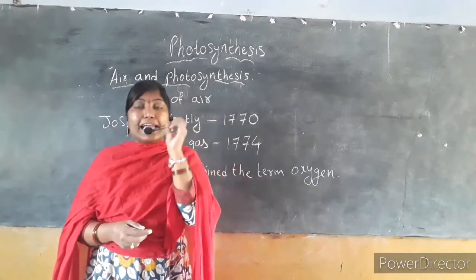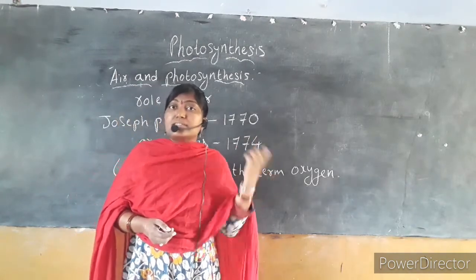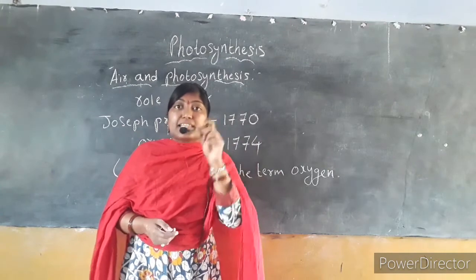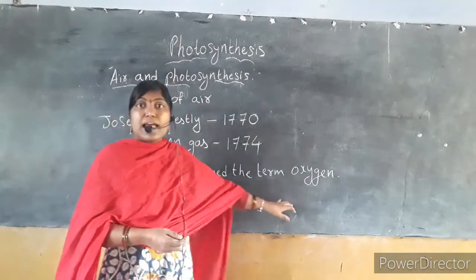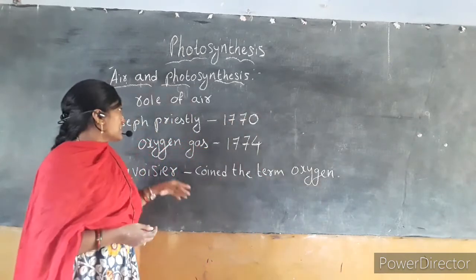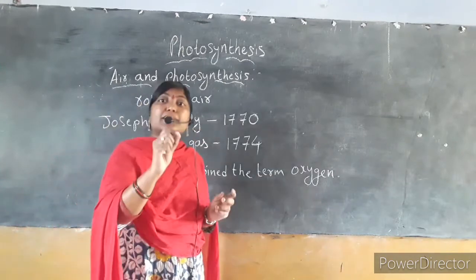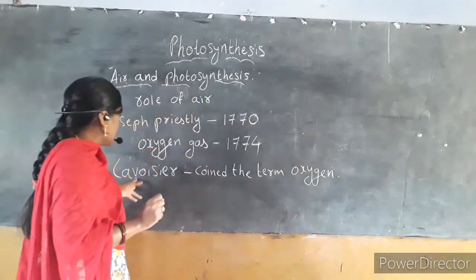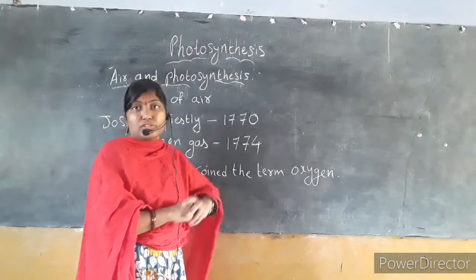That gas helps animals to live, and that living gas was given its name by the scientist Lavoisier as oxygen. So, who discovered the oxygen gas? Joseph Priestley. Who coined the term oxygen? The scientist's name is Lavoisier.